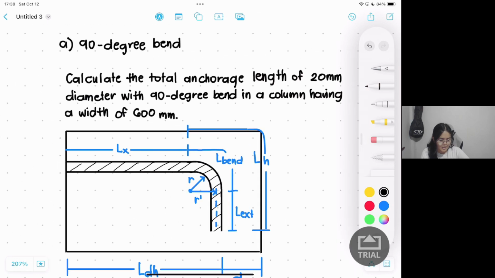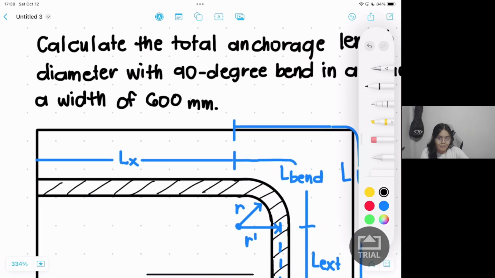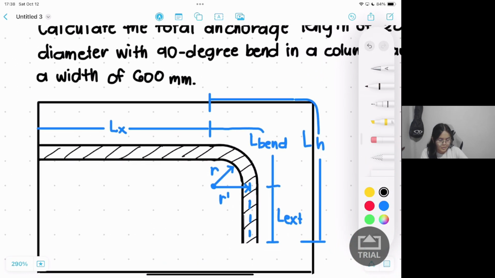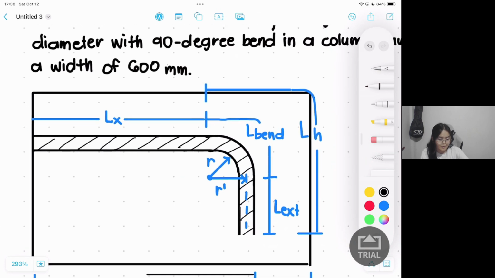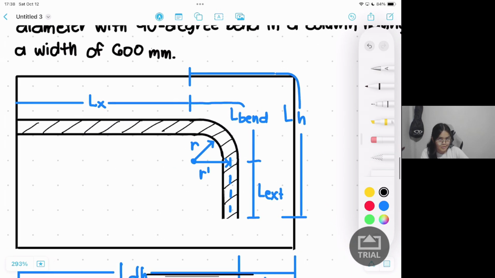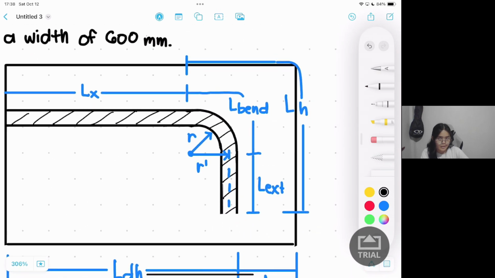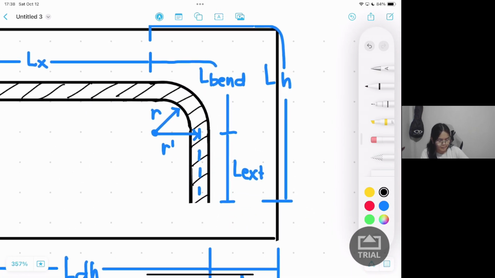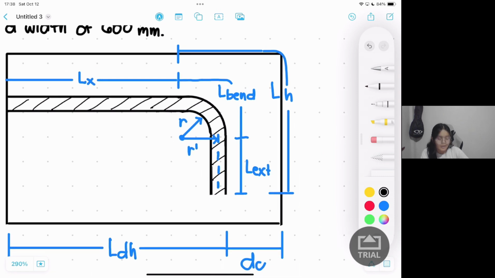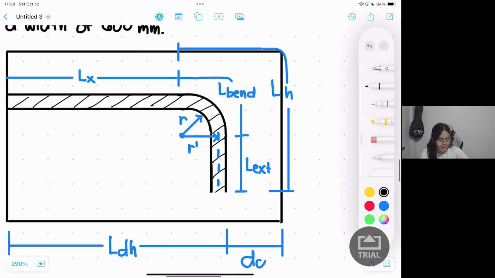Okay? So, here, we have L sub DX. Yan yung length of bar before the bend. So, yan yung length ng RSB bago mag-start mag-bend yung RSB natin. And then, L sub bend, yun yung length ng mismong nakabend na RSB.